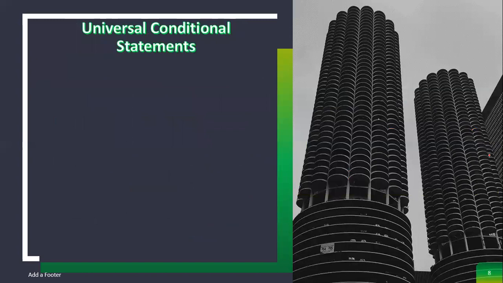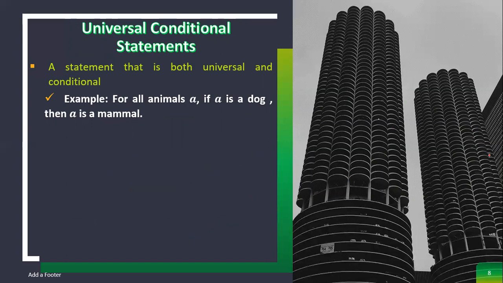Now we also have the universal conditional statement. What is a universal and conditional statement? It is a statement that is both universal and conditional. So let's say, for example, for all animals A, so we make use of the variable A here.